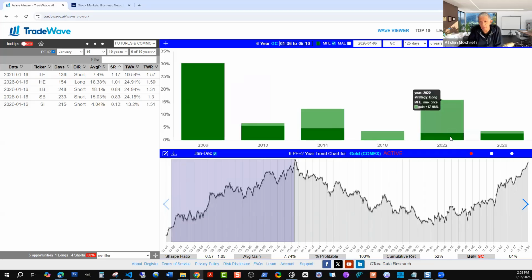In 2022, it went up over 15% before closing up 2.86% until 10th of May. So gold is generally bullish in midterm election years going into end of May, right here.